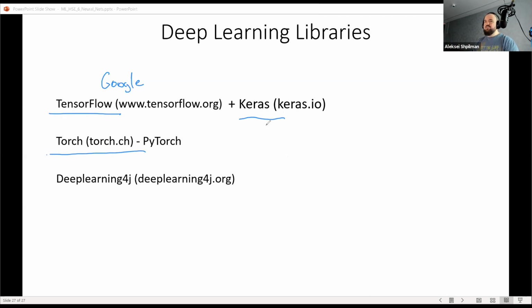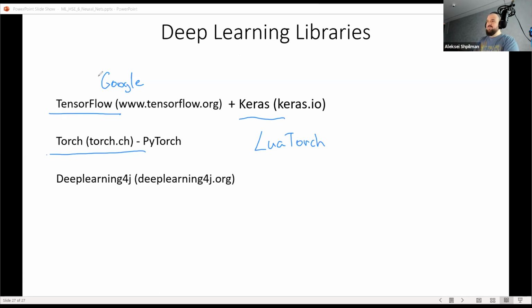And the first Torch actually was Lua Torch. Maybe some of you heard of the Lua programming language. Maybe not. It is most famous for creating add-ons for World of Warcraft, but that's pretty much it. It does not have a wide application, but some enthusiasts again used Lua to create a very good deep learning network.